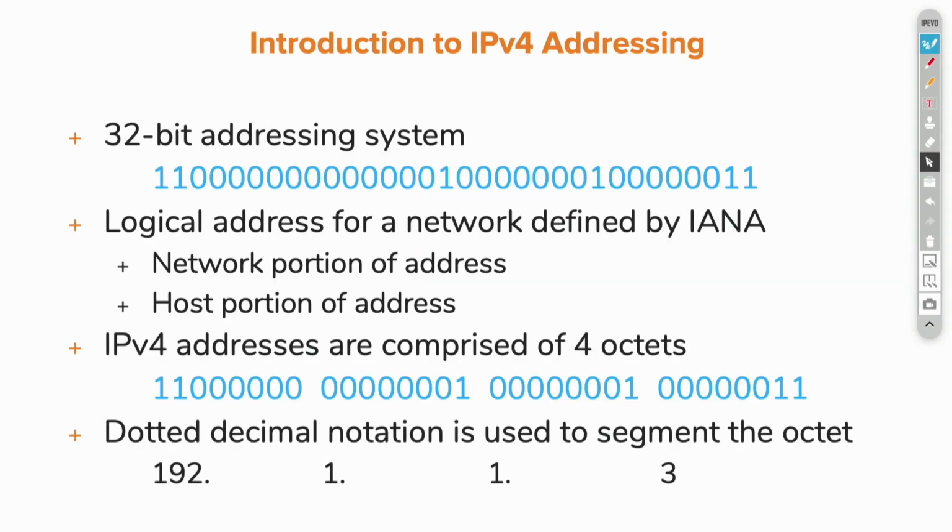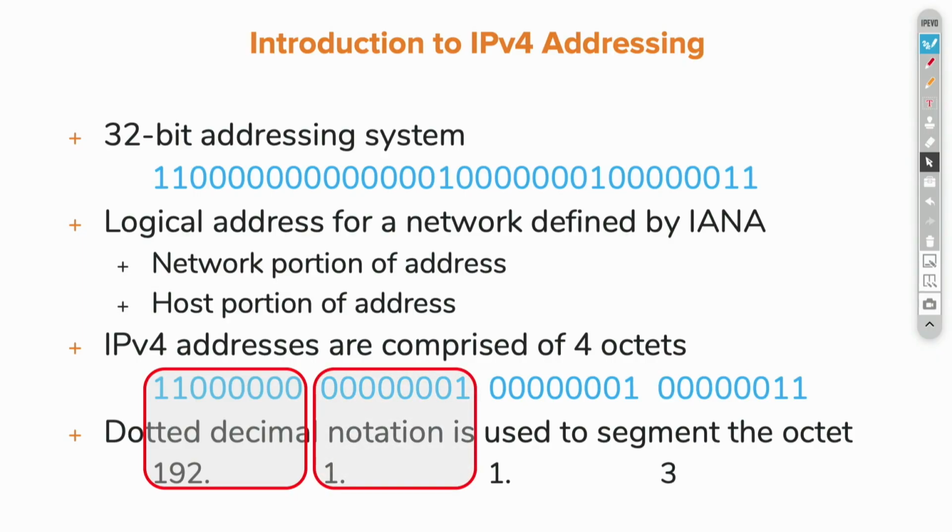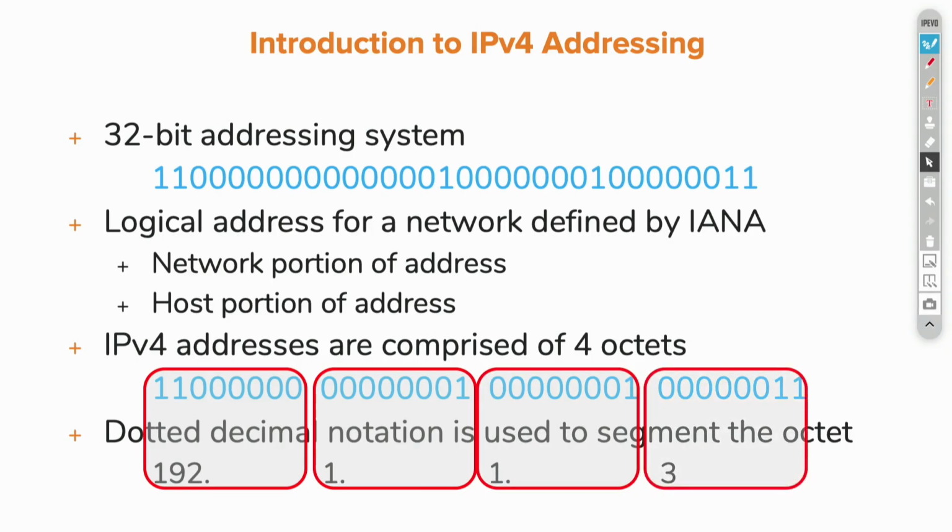And then we put a dot between those decimal numbers to represent that each one of those decimal numbers represents 8 bits of binary. So you can see here, the 192, that's my first 8 bits. If you know anything about binary, you could add that up. The 128 and the 64 bits are turned on, giving us 192. The next grouping of 8 bits translates to the number 1 in decimal. The next group is the number 1 in decimal, and then the final octet in binary translates to 3 in decimal.